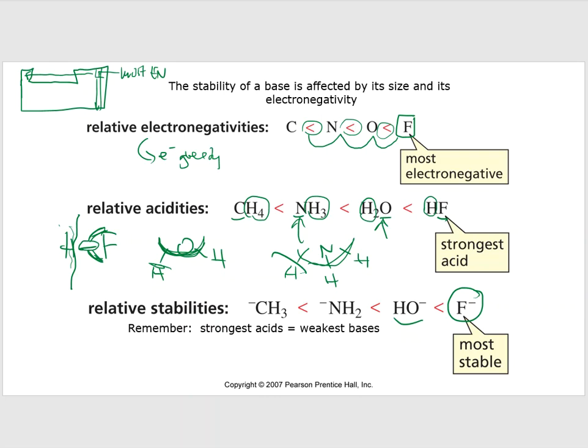So it is a stronger acid than some of the others, but nothing like oxygen or fluorine. And again, because of that, it's a little bit less stable, but it's on the stability side, just not as stable as F or O.